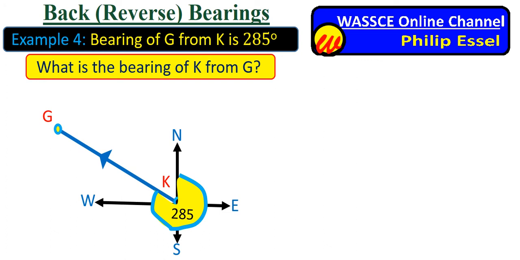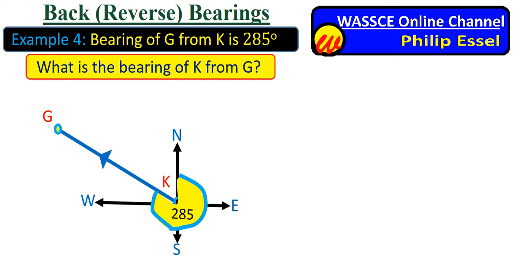The second part of the question is, however, asking us to find the bearing of K from G. So what this question is saying is that we should just turn backwards and do the back bearing. So let's quickly look at how we do this.